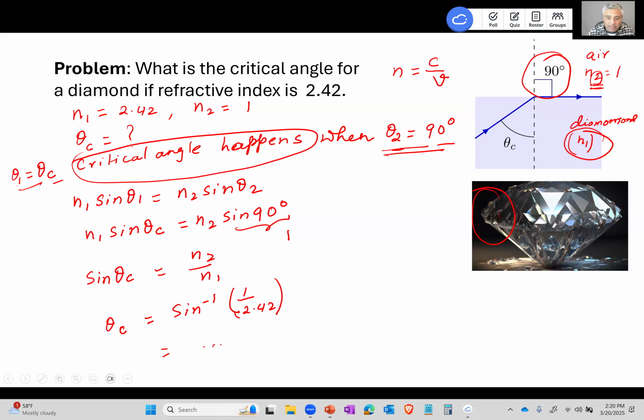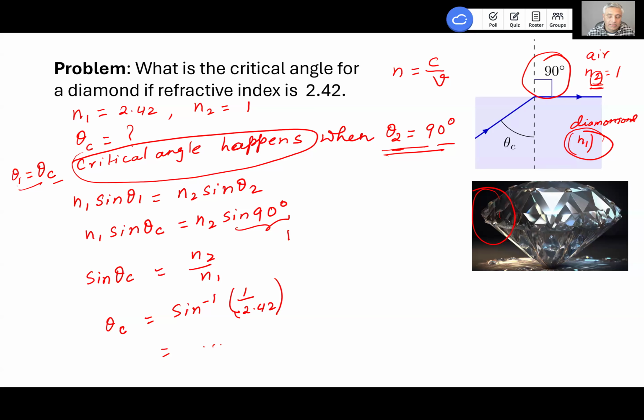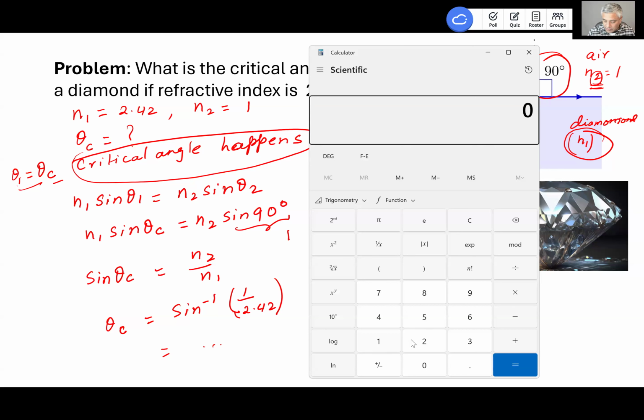I haven't done the calculation. Can you do the calculation and type that on the Zoom, folks? So it looks like I have a calculator here. So how do I do this calculation? 1 divided by 2.42.